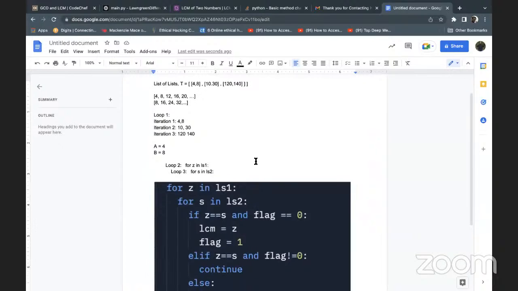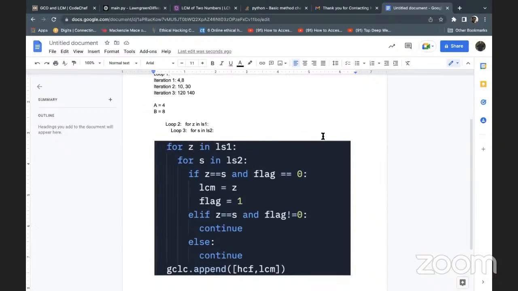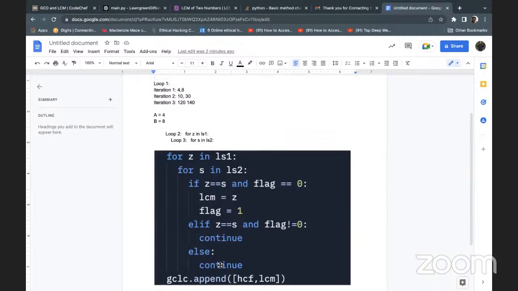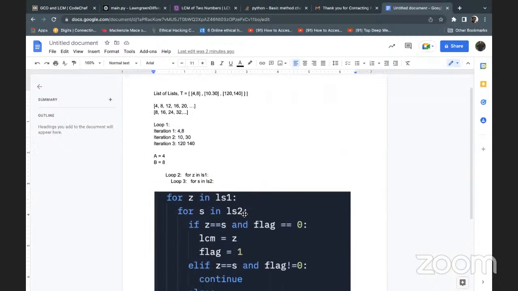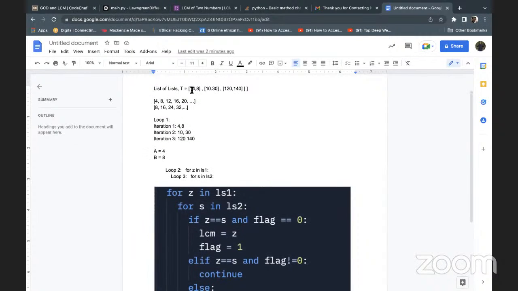Yeah. So actually, this is regarding the code shift thing, and I just wanted to ask, how can I break multiple for loops using break? So just to make it short, I drafted this document. I have one list containing multiple lists of entities. And I have another list which has all multiples of. So in loop 1, I'll take 4 and 8 alone.